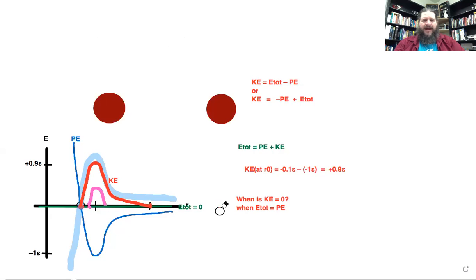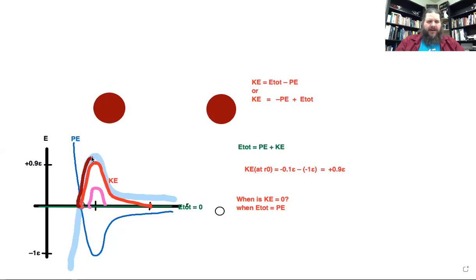There is no R max because E total being 0 means that it is the asymptote for potential energy. So potential energy is never going to hit E total at this point. That means there is no R max, and our kinetic energy graph is going to look something like this. It still has, let me put this in a different shade of red, it still has an R min.